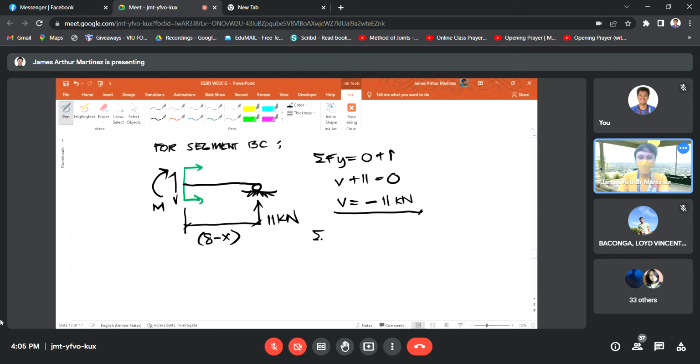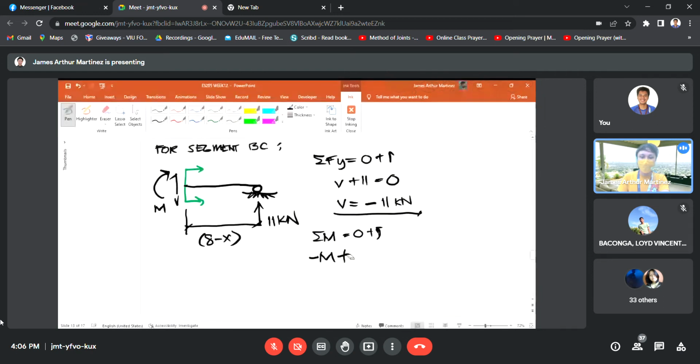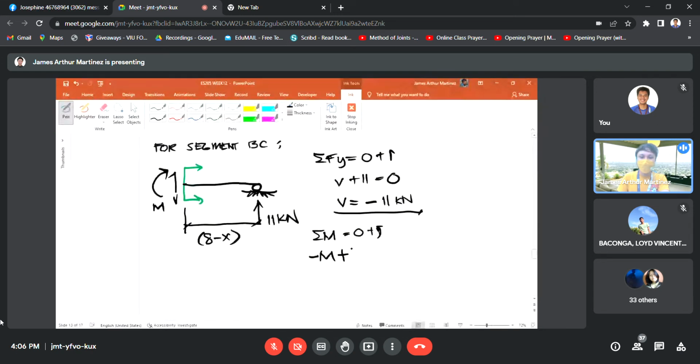Sige, so for summation of moment at the cutting plane equal to 0, taking counterclockwise as positive, then you have negative M, kay clockwise rotation man na nga to ang M here. And then si 11 kilonewton will cause counterclockwise rotation. That's why positive sign convention.